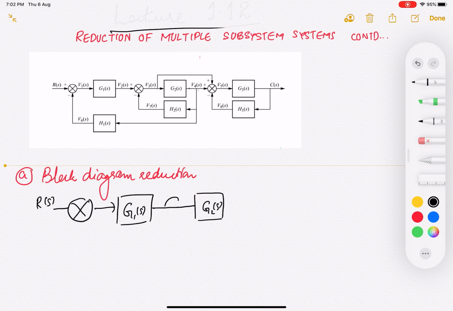We also have this summing junction here, with a plus sign here and a minus sign here. We have this H2(s) here.